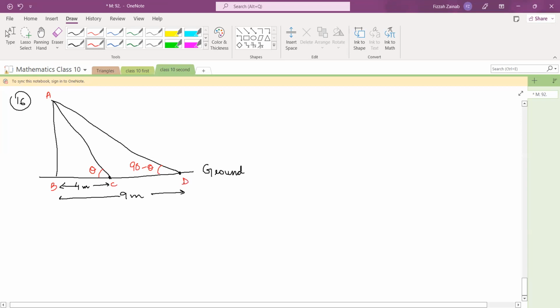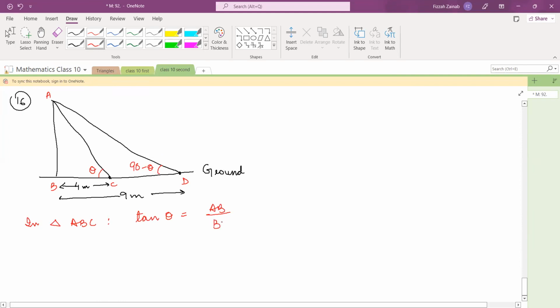Same thing, use tan, right? Both the triangles. So you start with this in triangle ABC, right? That means your tan of theta will become perpendicular upon base. That means AB, sorry, divided by base.